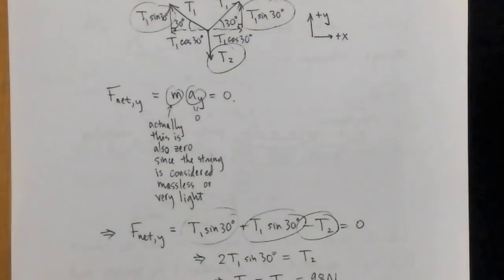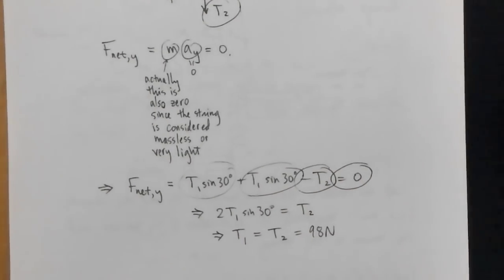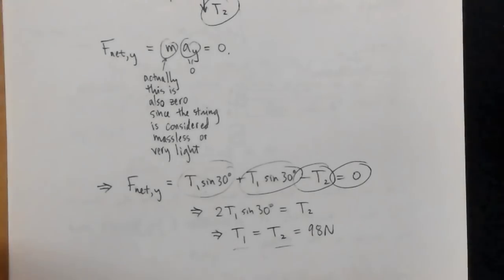This must be equal to 0 because it's not moving. So I have 2T1 sine of 30 is equal to T2. It turns out that T1 is also equal to 98 newtons. Any questions about this? Pretty good.